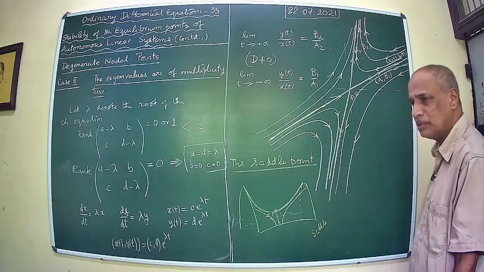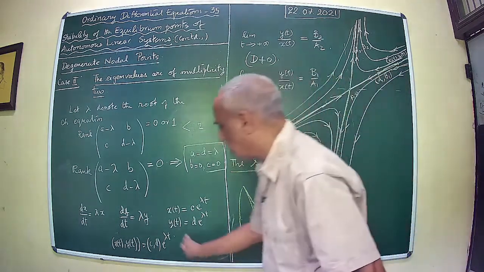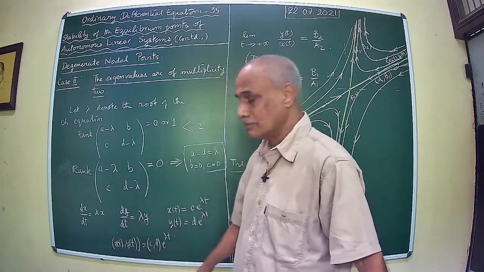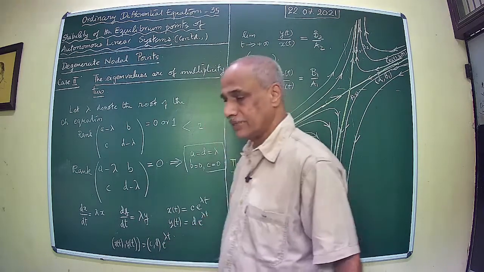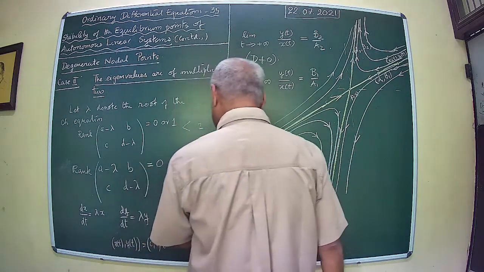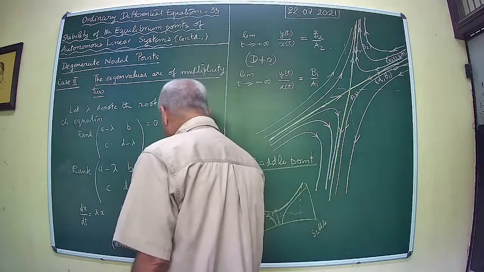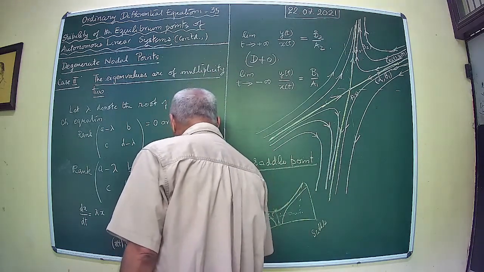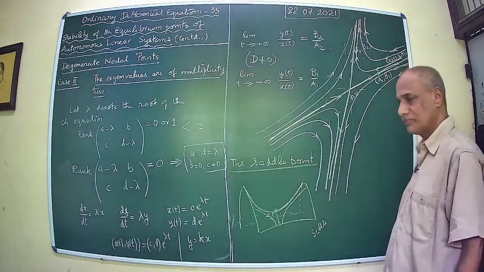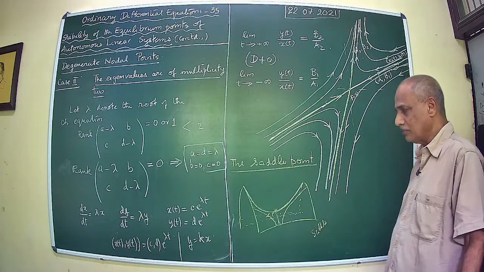C and D you can choose depending on some initial condition, and therefore this takes care of all the possible characteristics by taking different values for C and D. Okay, and what does this mean? x is equal to C e to the power lambda t, y is equal to D e to the power lambda t. This means you have y is equal to kx.